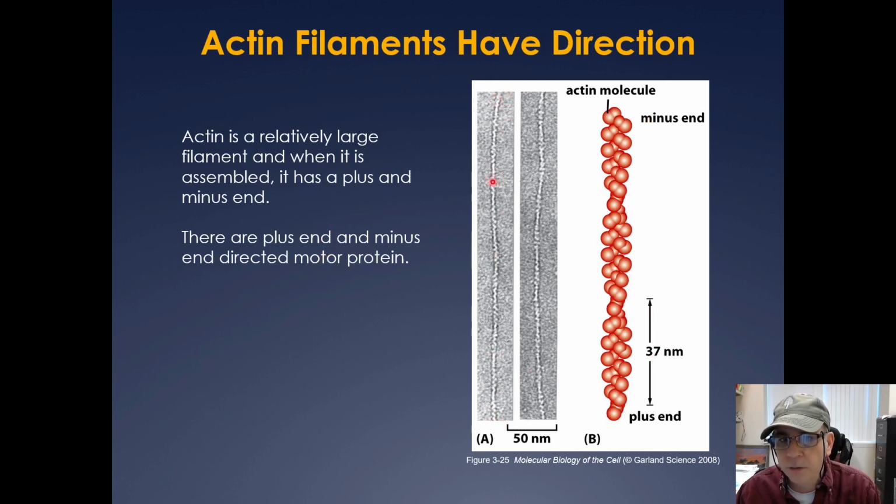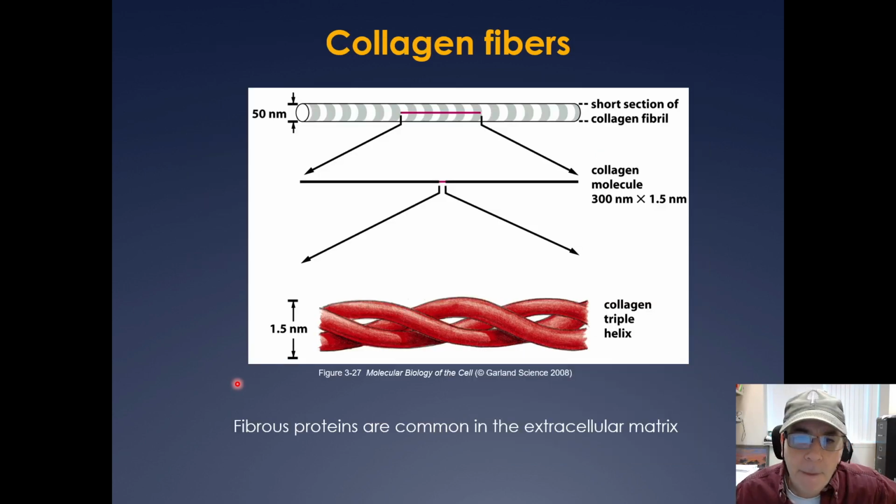Here is a scanning EM of 2 actin filaments, and you can have a plus end and a minus end in these. We saw this in the Harvard movie with some of the actin filaments. And then there are motor proteins that we'll learn about that can move on these filaments to help give the cell some of its dynamic properties.